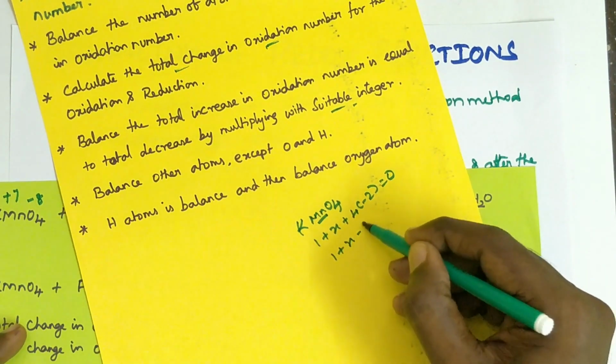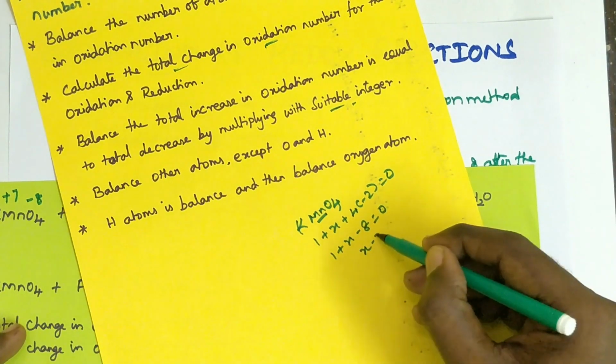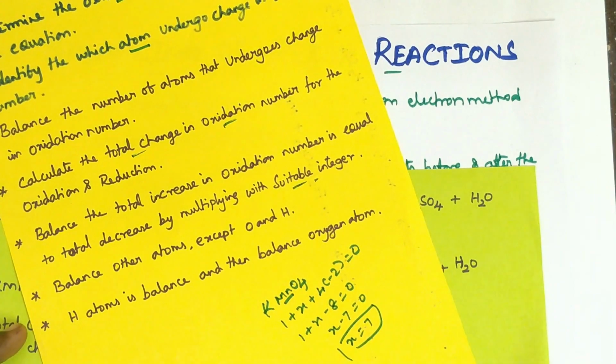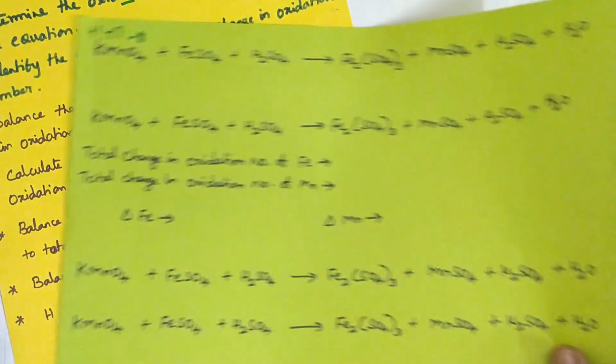So 1 plus x minus 8 equals 0, x minus 7 equals 0, so x equals 7. That's why manganese is in the +7 oxidation state.